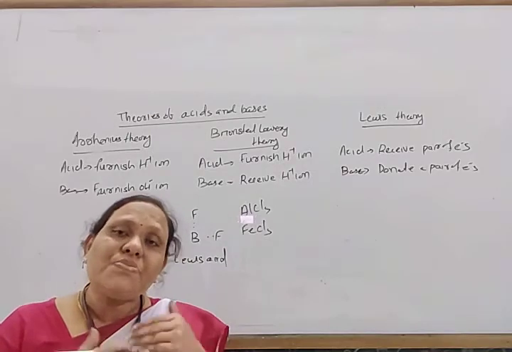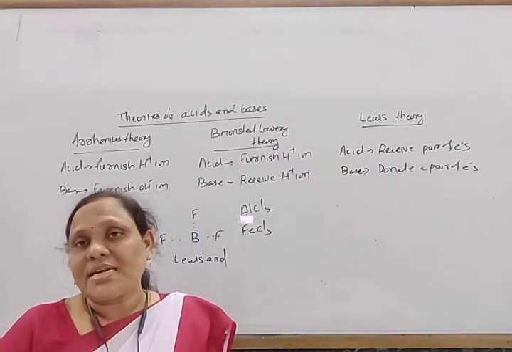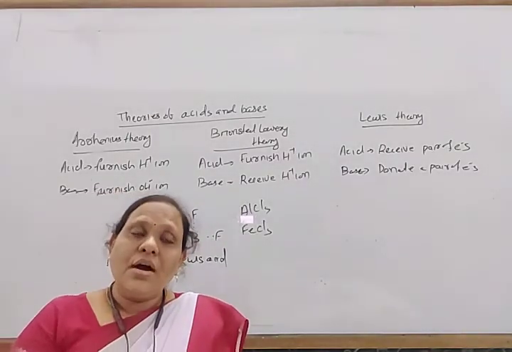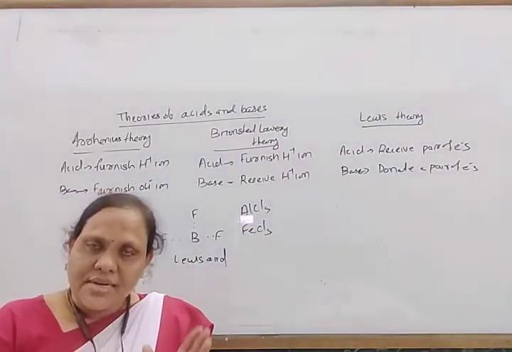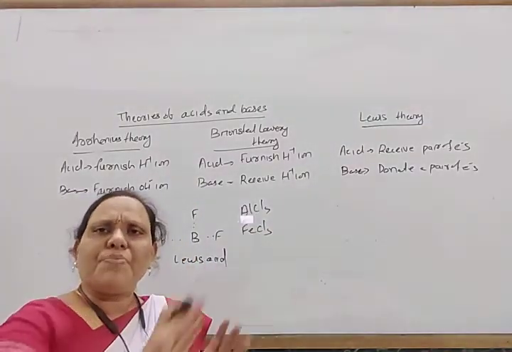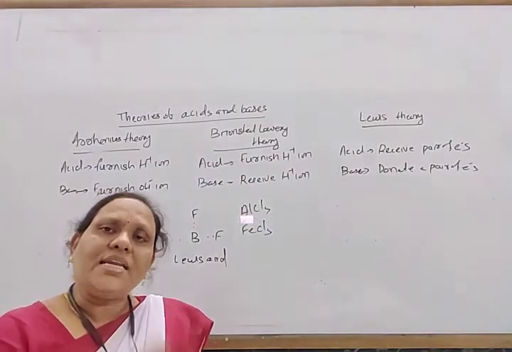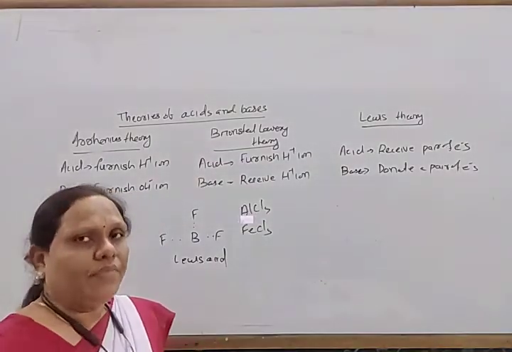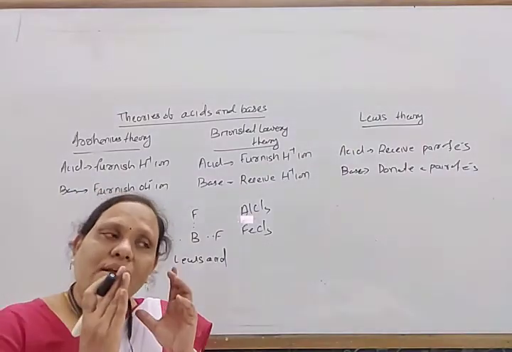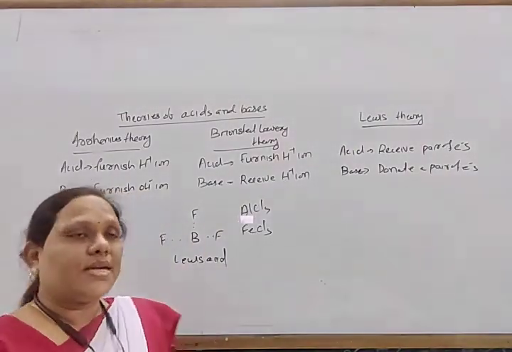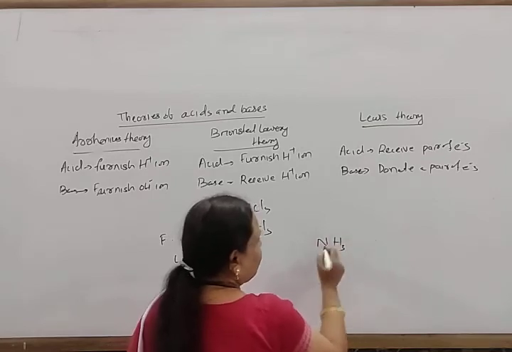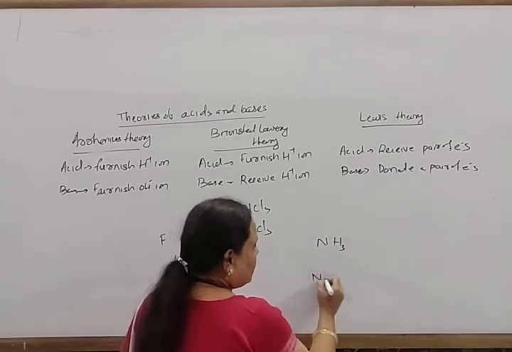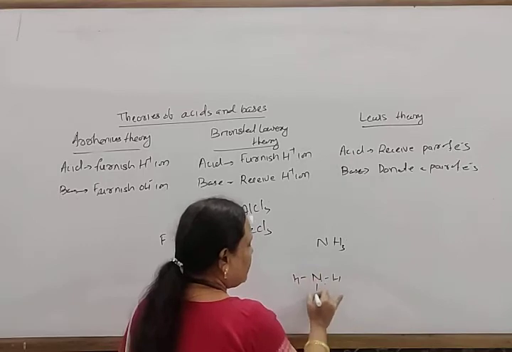And what are the Lewis bases? Lewis bases are those which have the tendency to donate a pair of electrons. Although they have a complete octet, there is some unshared pair of electrons so that they can easily donate the pair of electrons. Look at the example of ammonia. You know, in ammonia, NH3, the nitrogen atom is surrounded by 3 hydrogens through 3 bonds.